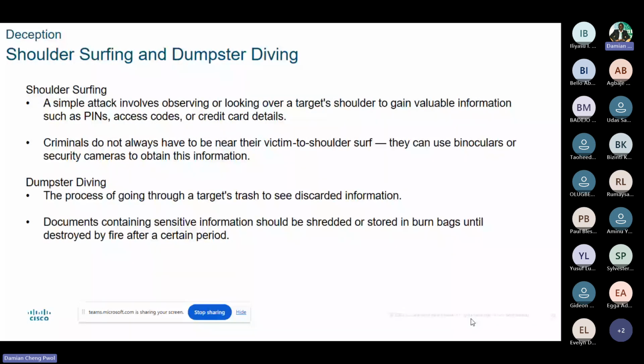Shoulder surfing and dumpster diving. Shoulder surfing, a simple attack, involves observing or looking over a target's shoulder to gain valuable information such as PINs, access codes, or credit card details. I remember during exams, you have somebody right in front of you writing on the sheet, and some colleagues try to look over the shoulder to see what that person is doing.